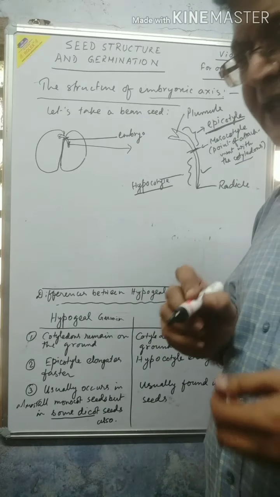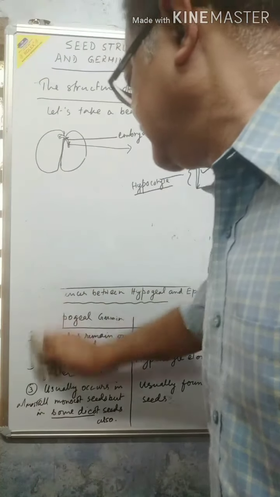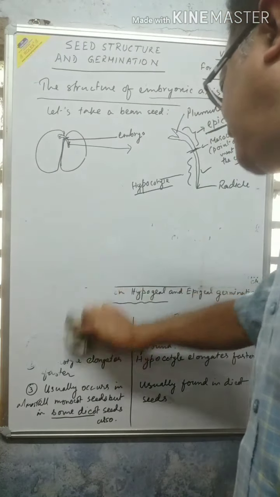Other than these two types, there is a special type of germination that is found only in mangrove plants.